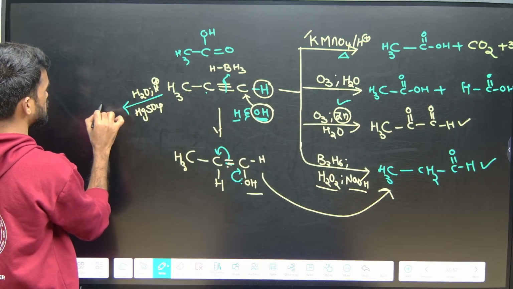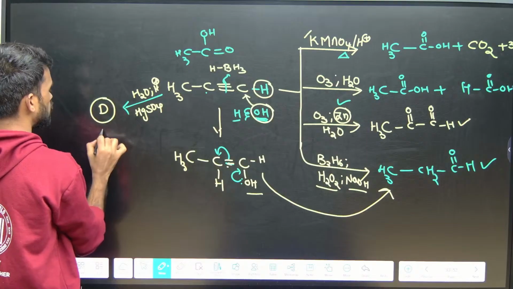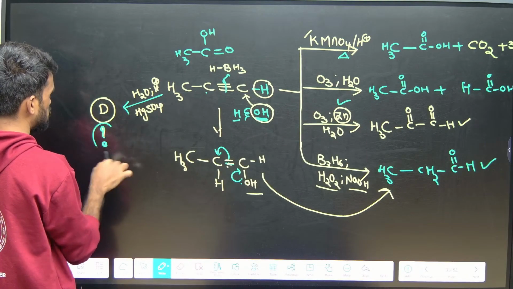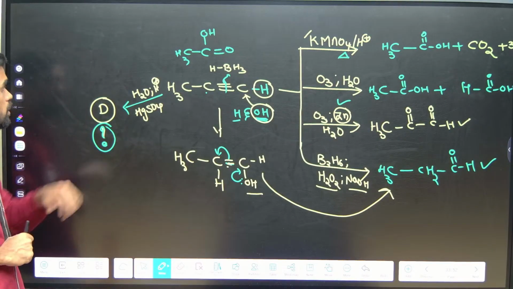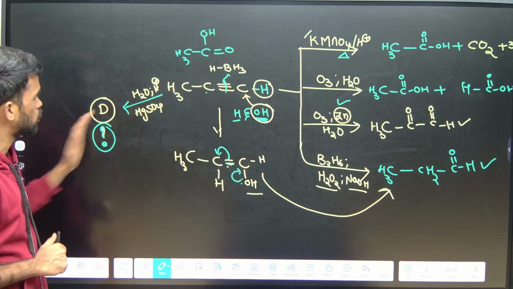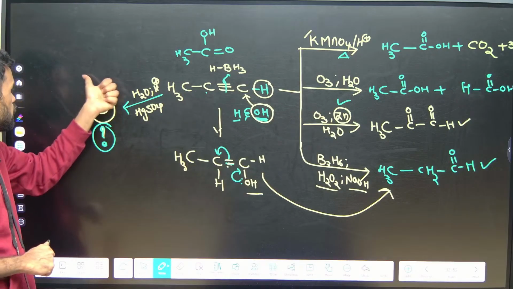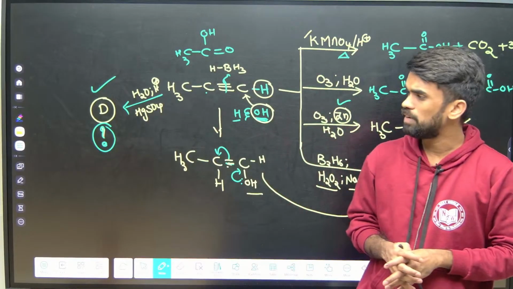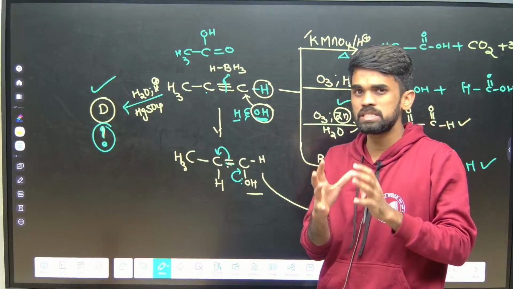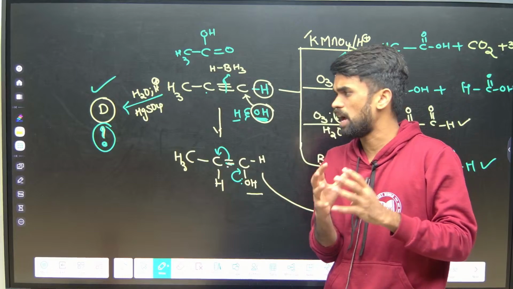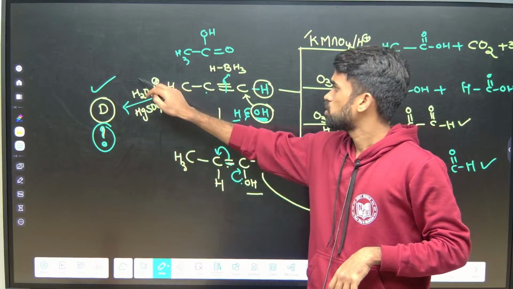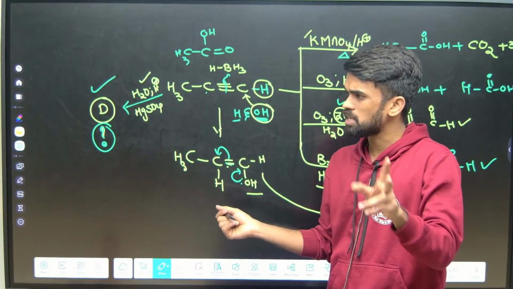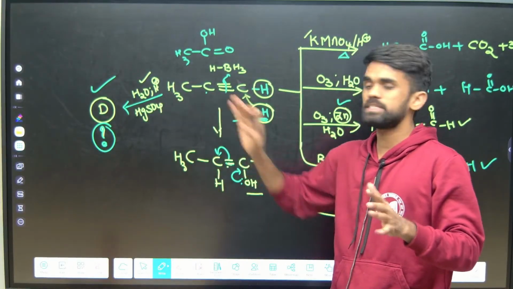I am calling this D. Tell me the IUPAC name of this D product formed from this alkyne in the chat box. If you answer that question, I will consider that you have followed this session effectively without confusions, because we did 2-3 model questions like this in this session, and in the last session I clearly explained how that happens.